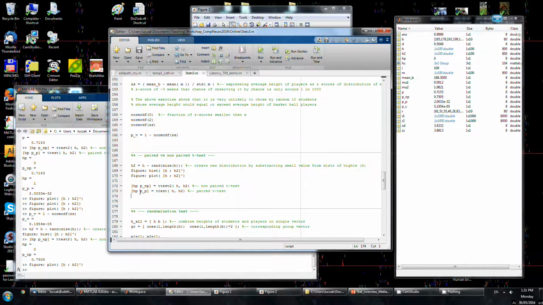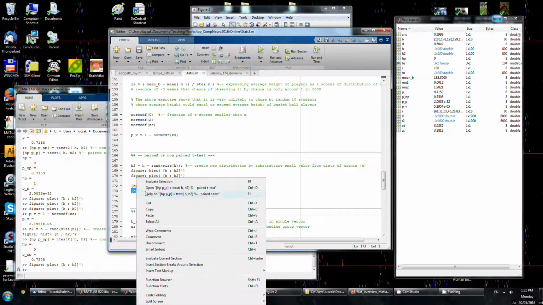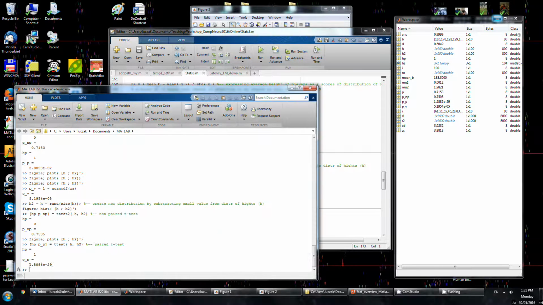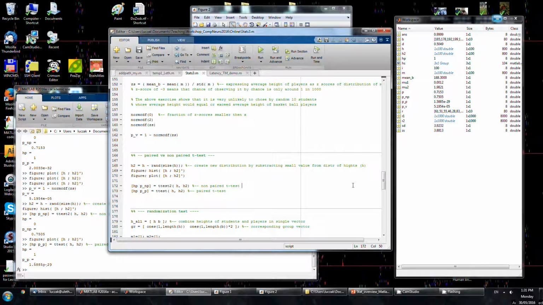So in this case, if we calculate this paired test, we will get that the p-value is highly significant. It is 1.5 multiplied by 10 to the minus 27, so it is close to 0.